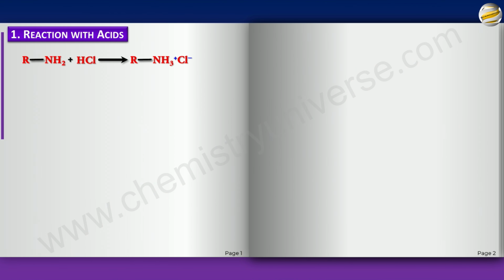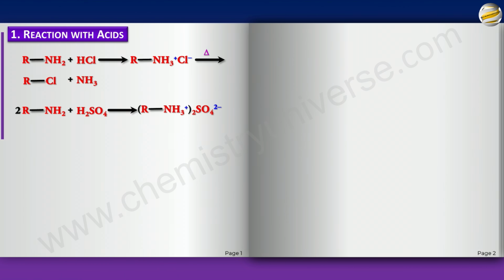And of course, when you heat these, the Cl minus will attack the R, and therefore ammonia will be released and you'll have nucleophilic substitution. So you have the instance of acting as a base and nucleophile at the same time. If you were to make a sulfate with sulfuric acid, you're not going to get the nucleophilic attack because the bisulfate ion is not nucleophilic at all, and therefore you'll only get the salt. And since there are 2 H that H2SO4 can part with, 2 amines will react.